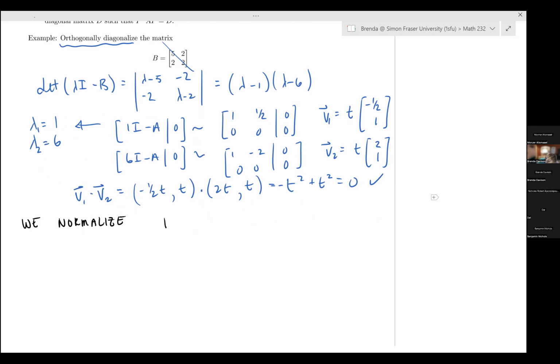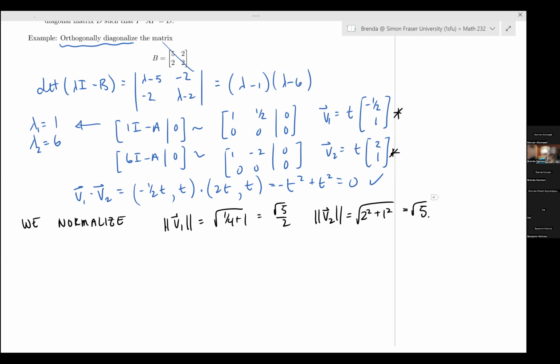So I take the norm of the first eigenvector and I get the square root of 1/4 plus 1. Okay, I'm doing this one right here, and I get root 5 over 2. And then I take the norm of V2, that's this one here, and I get the square root of 2 squared plus 1 squared, and that is the square root of 5.